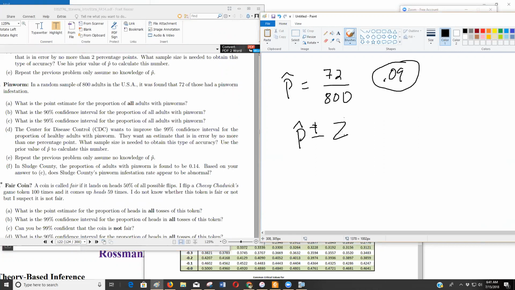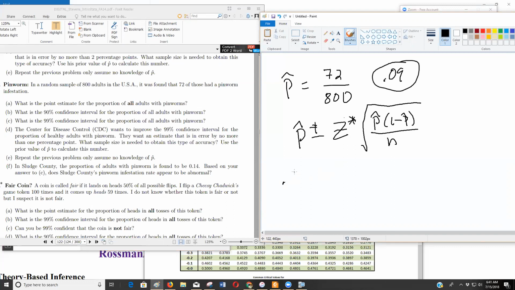And the way we get the margin of error is we have to have some critical value of z, and that tells us how many standard deviations to go away from the mean, either side of it, so we can be 90% confident that 90% of all the samples of size 800 would have an average that falls in that range. So z star times the square root of p hat times q, or 1 minus p hat, all over the sample size.